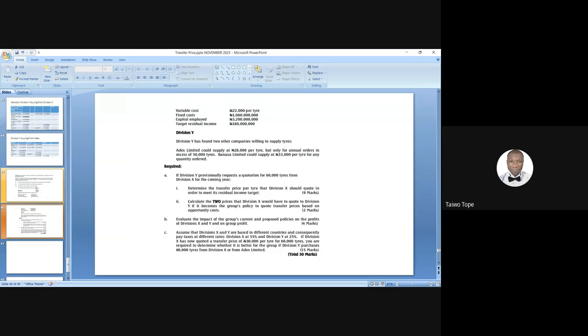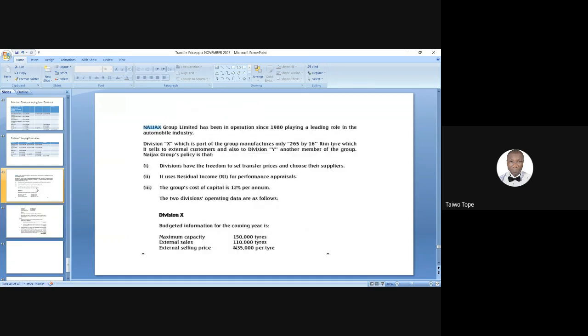So if we are requesting 60,000 tires out of 150,000 tires, what will be left for external sales? 90,000.